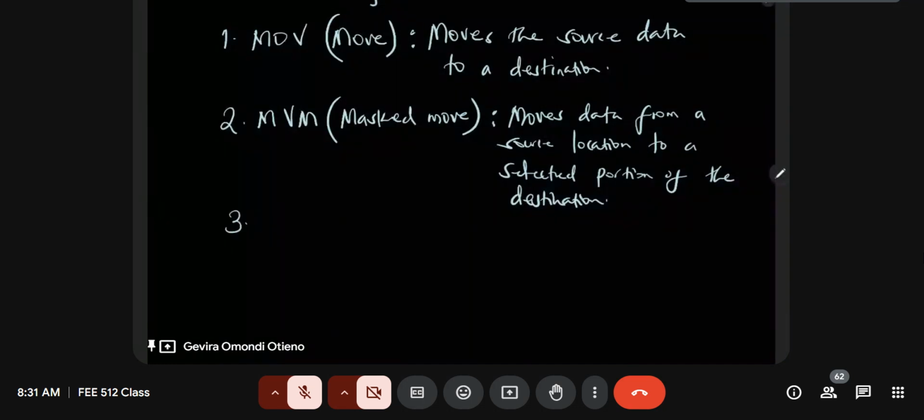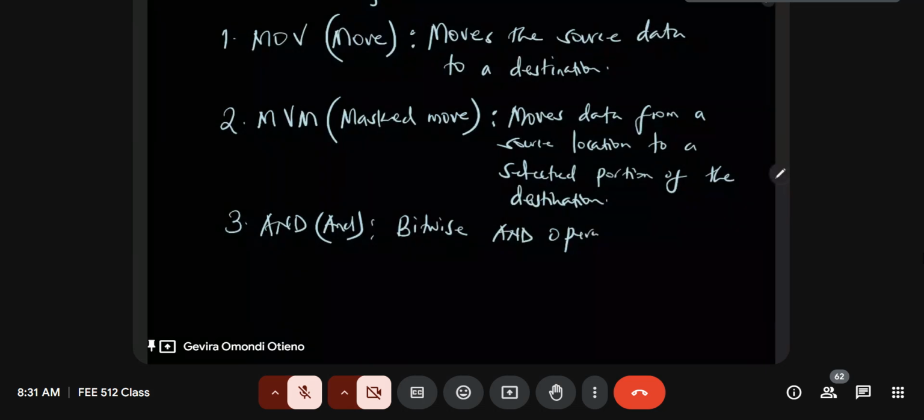The other commands, and these ones, of course, I am sure you have met before, are the logic functions, and these should not be difficult now. This one is like the bitwise AND operation.